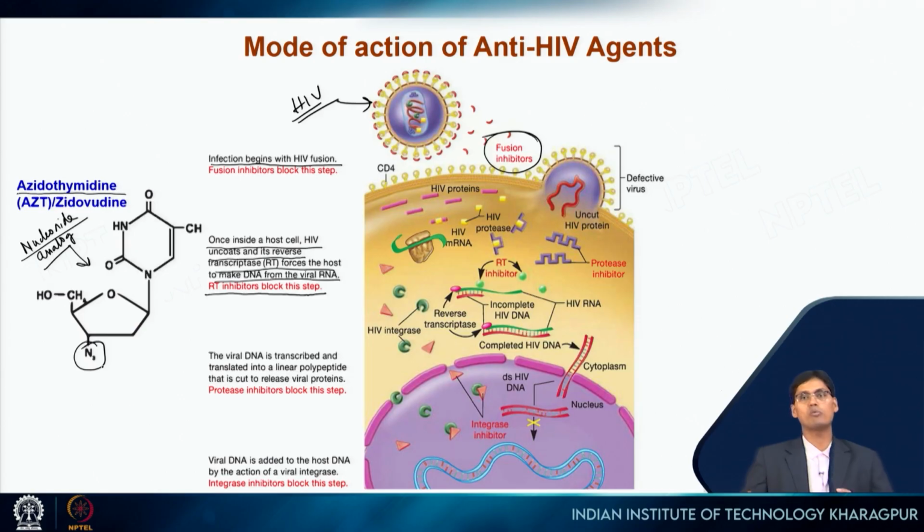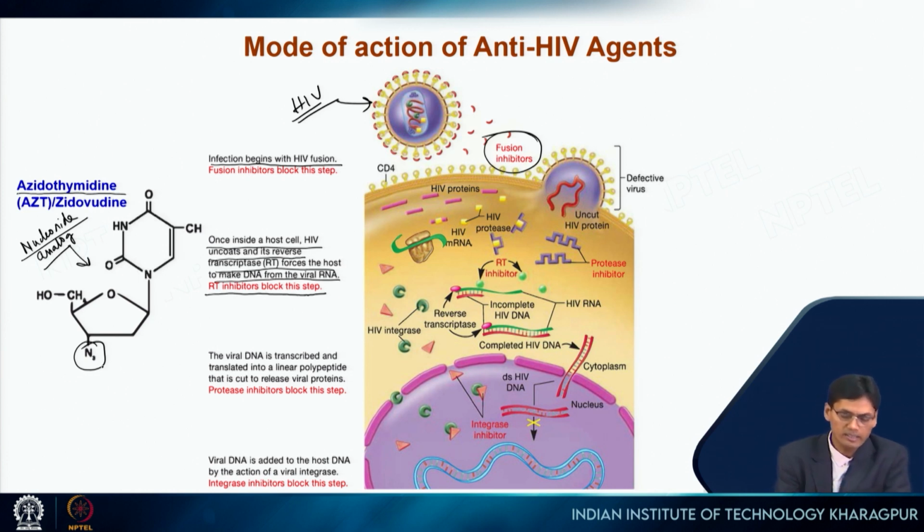There is some kind of similarity to what you will learn about dideoxy chain termination, discovered by Sanger for DNA sequencing, right? But here, because of the azide group, it will not be extended by the polymerase enzyme.